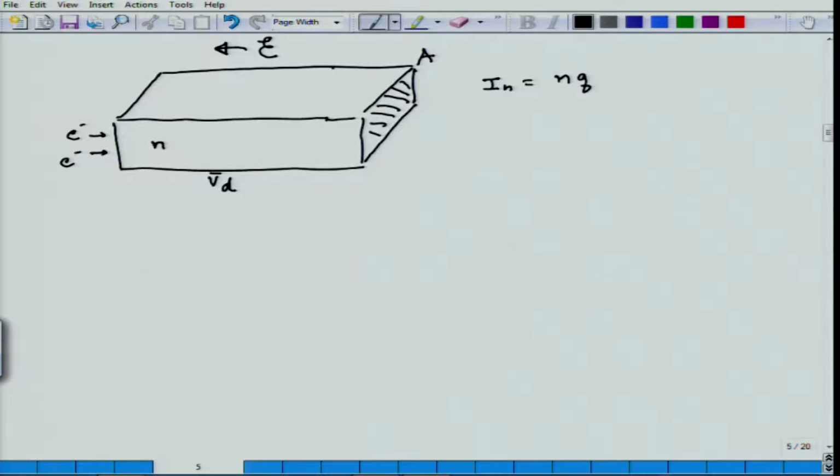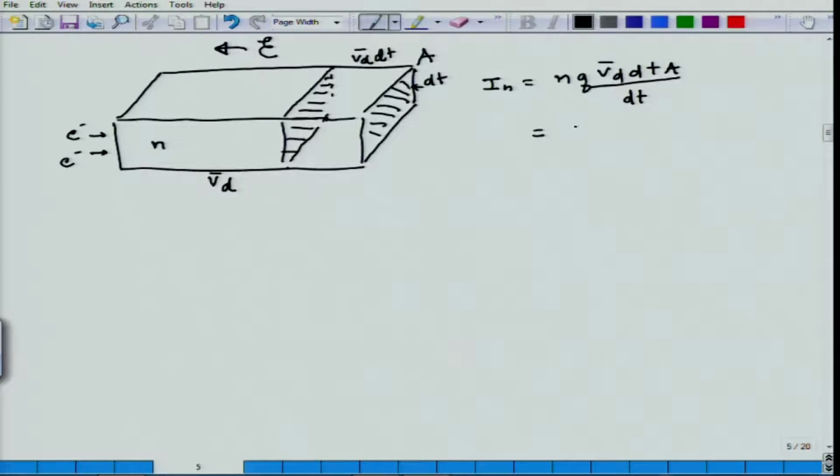Then the number of electrons which will cross this in time dt will be given by the average velocity V d dt; all the electrons in this volume in time dt will cross this interface, which means the total number of charges crossing this interface is going to be the drift velocity of electron due to field, dt, multiplied by A, divided by dt for the current.